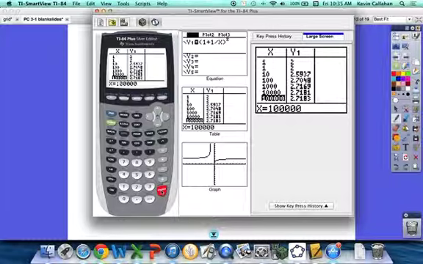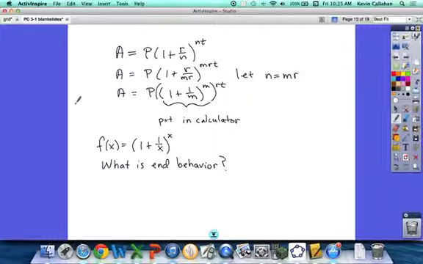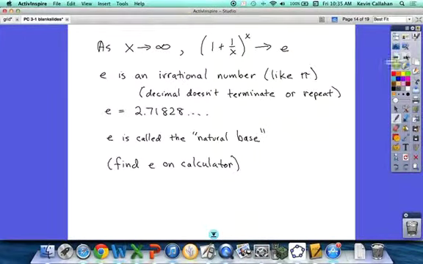Well, that number is actually a particular number. 1 plus 1 over x, to the x, as the x increases, approaches an irrational number, e. That irrational number is kind of like pi, and we use it in science all the time.